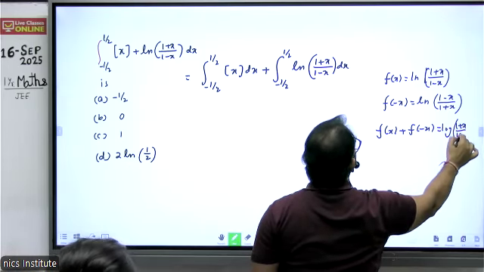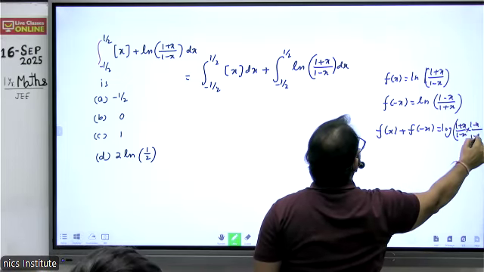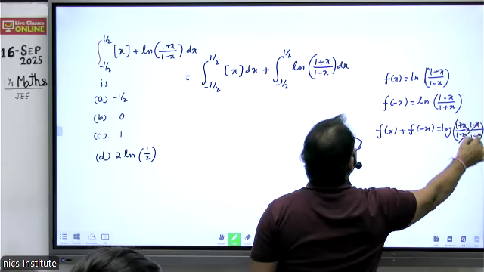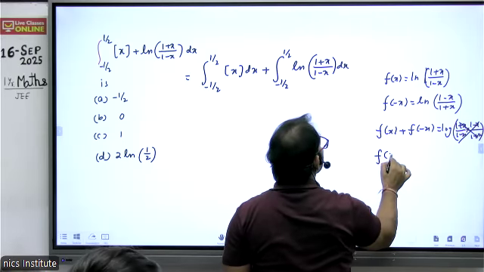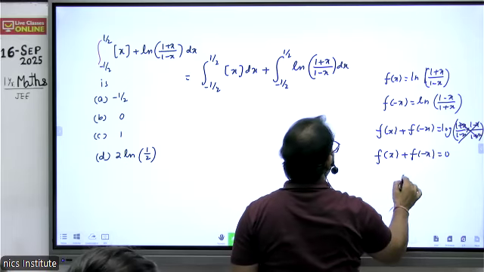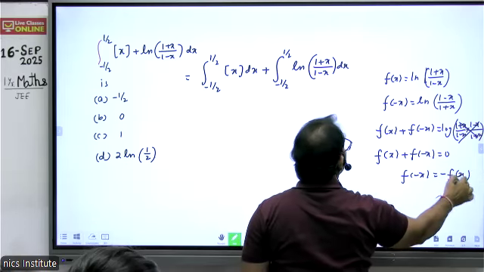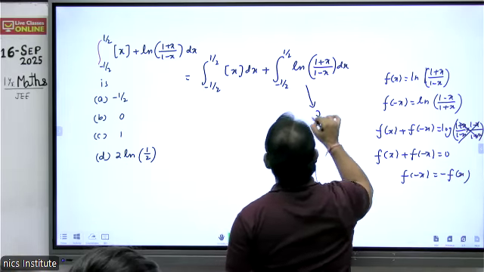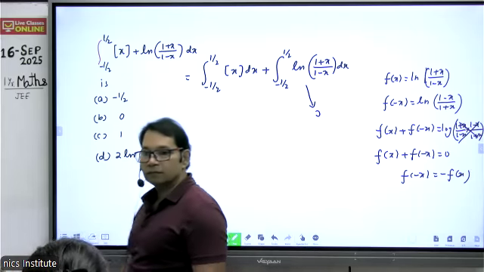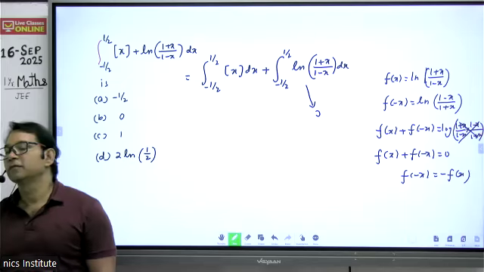So (1 plus x) by (1 minus x) into (1 minus x) by (1 plus x). This will cancel. Log 1 is 0. This means this function is an odd function. So this will be equal to 0. The second part of the integral equals 0.